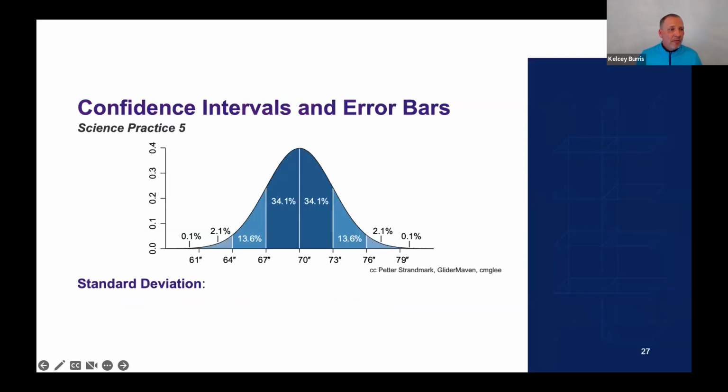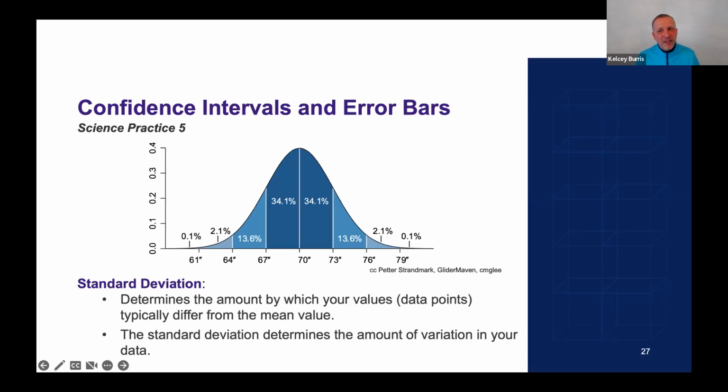So with confidence intervals, real quick, standard deviation. When we're talking about standard deviation, remember that standard deviation determines the amount by which your values or data points typically differ from the mean value, and that it determines the amount of variation in your data.